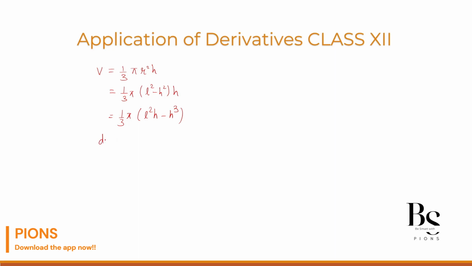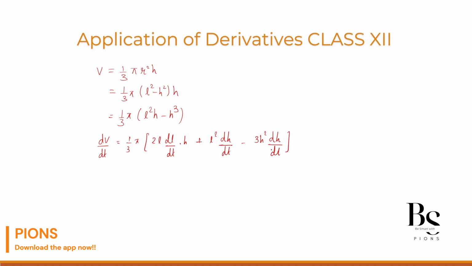Now differentiation, let's differentiate it. So dV by dt equals 1 by 3 pi. Now derivative of L square, let's differentiate using multiplication: 2L dl by dt into h, plus L square as it is dH by dt, minus h cube, 3h square dH by dt, correct?